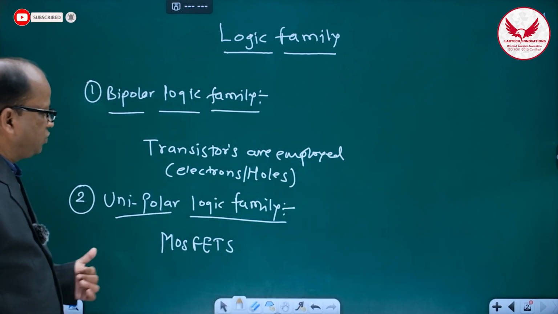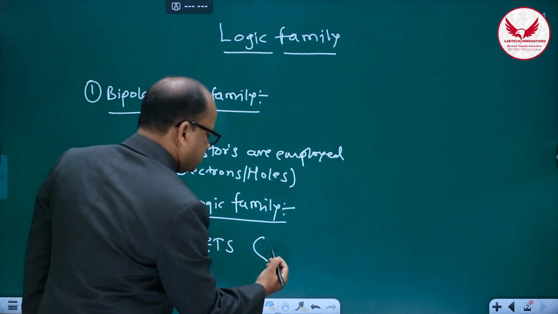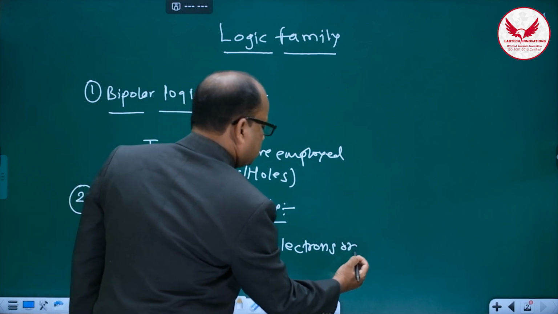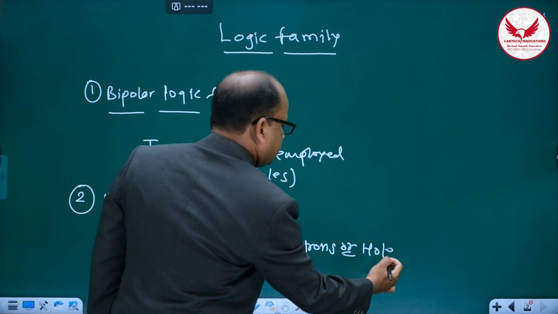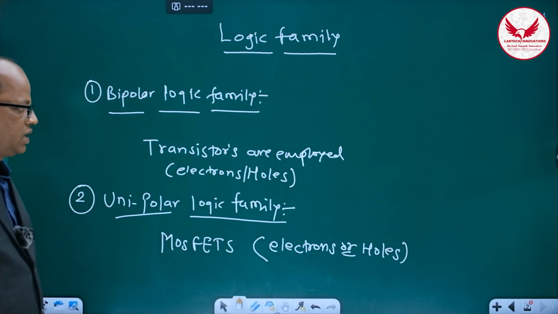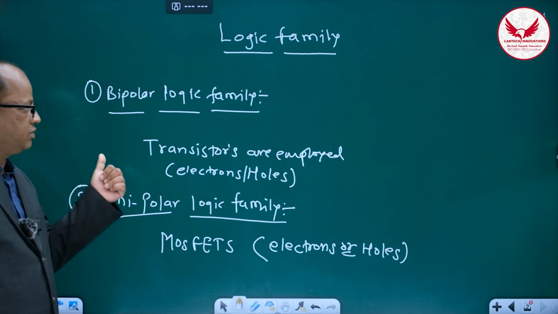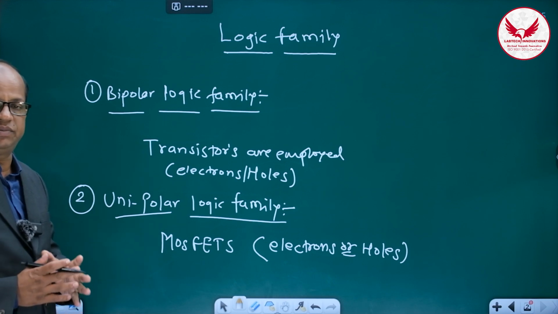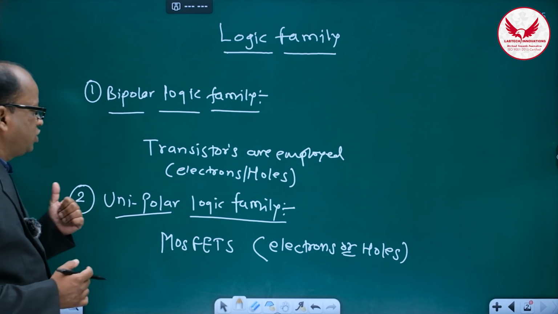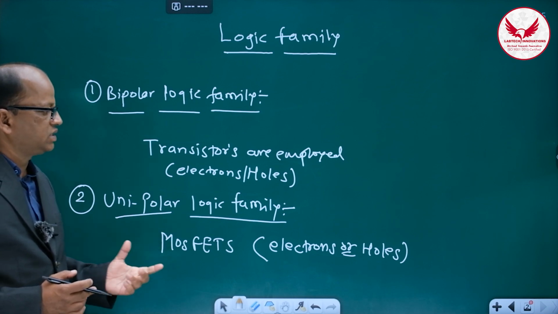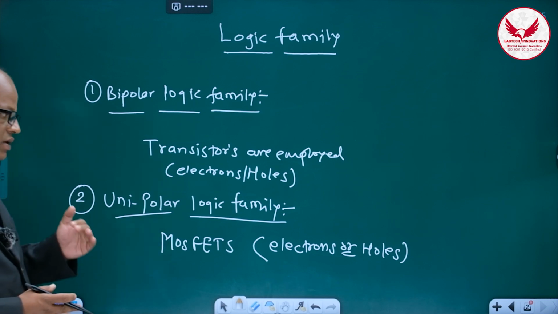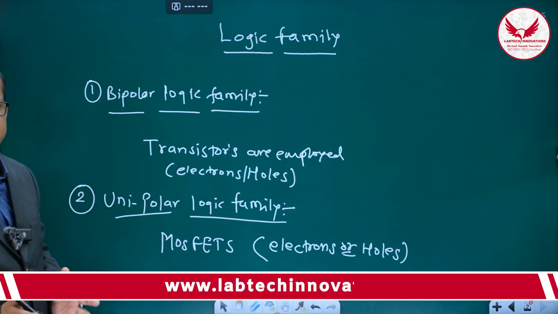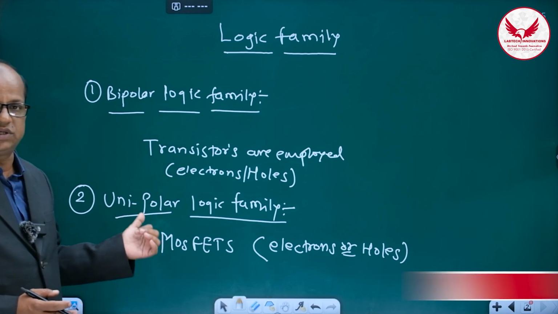And in unipolar MOSFETs, the current conduction is due to either electrons or holes, not both. So the bipolar category uses transistors to construct the digital IC, and unipolar consists of MOSFETs, with current conduction by either electrons or holes. That's why it is called a unipolar logic family.